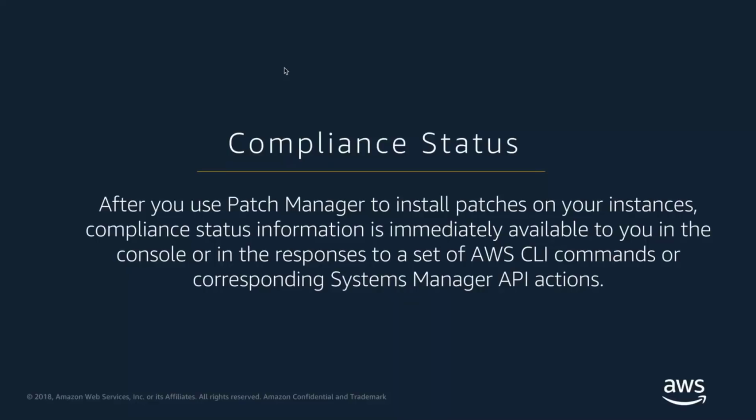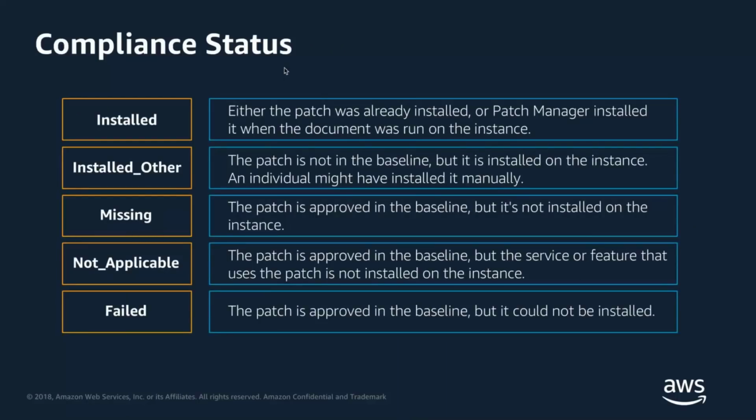For each patch that is installed by Patch Manager, one of the following compliance statuses is available to you. For example, if a patch was successfully installed by Patch Manager, you'll see the status as installed in the console or through the CLI or API action.